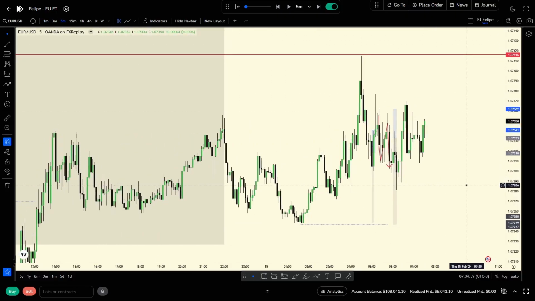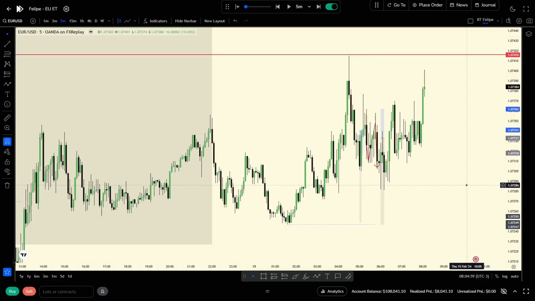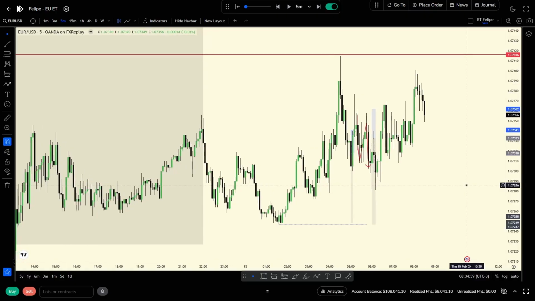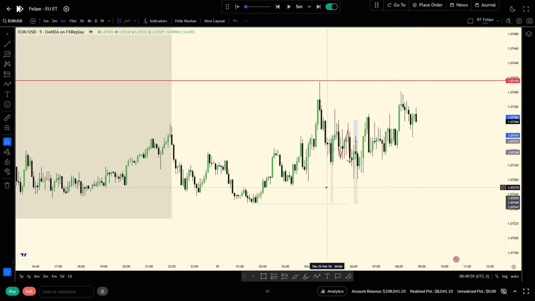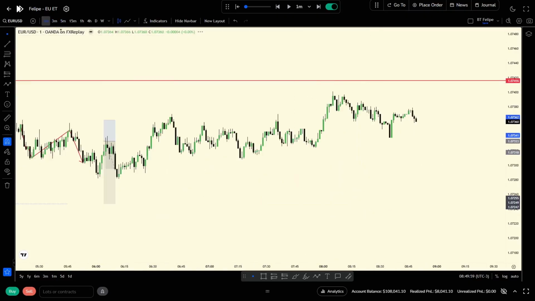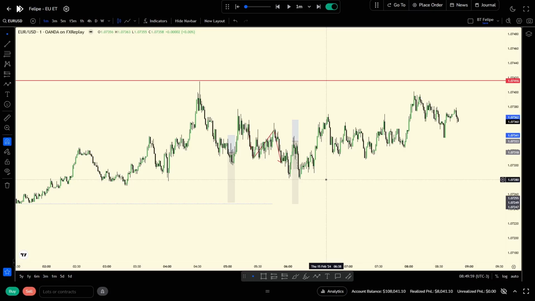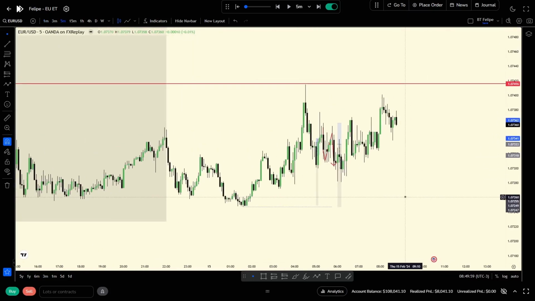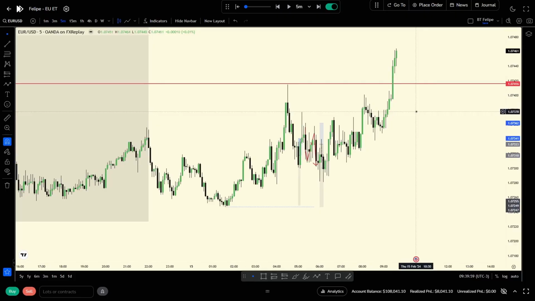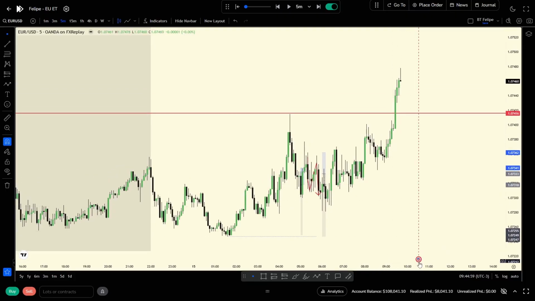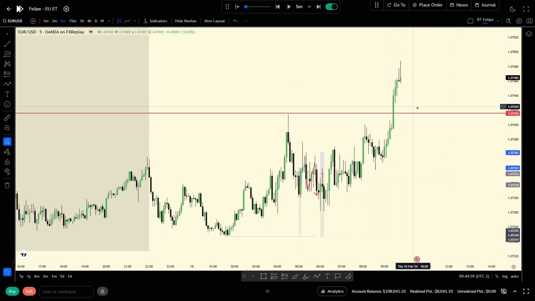Yeah, I don't want to trade this. I'll wait for better liquidity to be taken or something. It looks so bad. Now there's news.